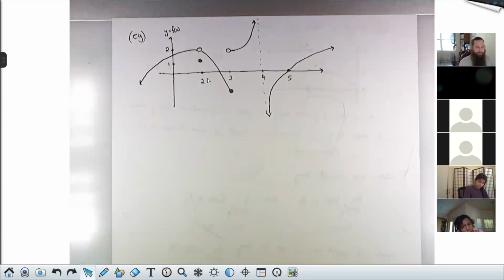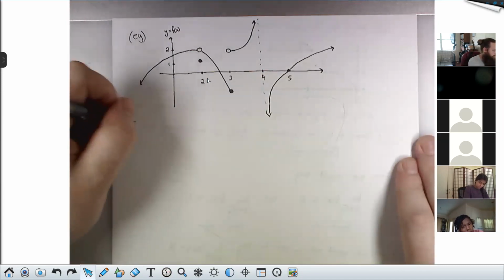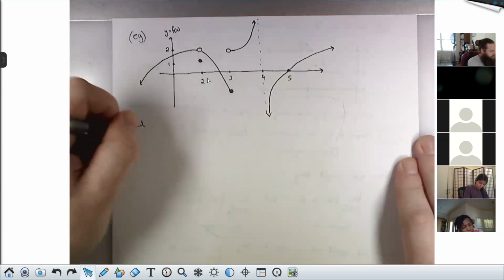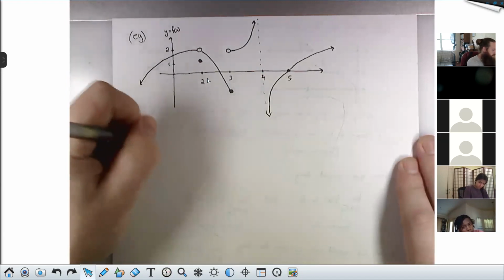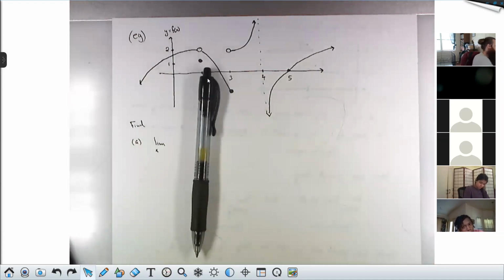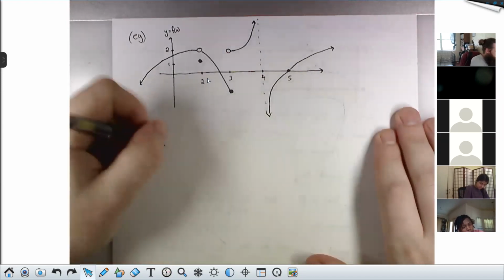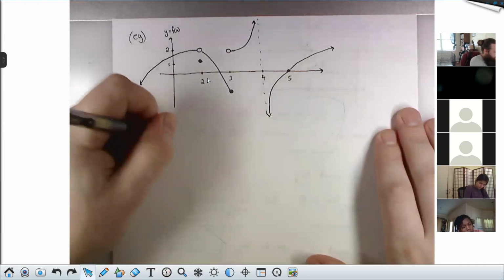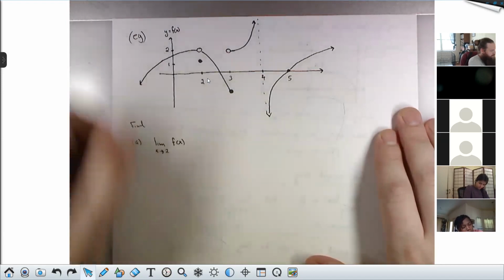Alrighty. So let's see if we can find the limit as x approaches 2 of f of x.